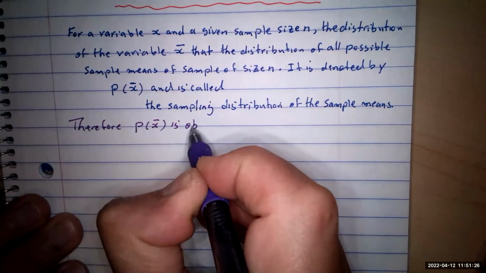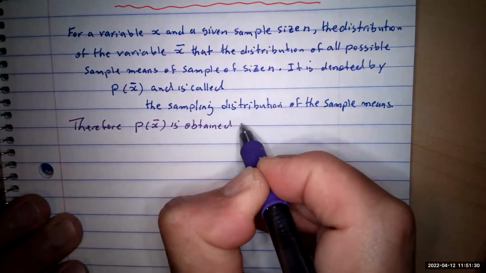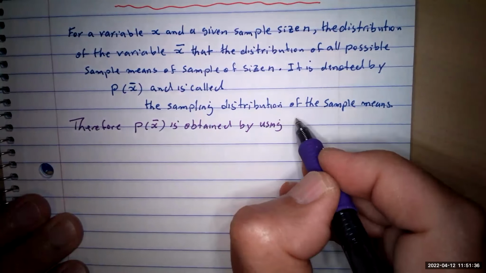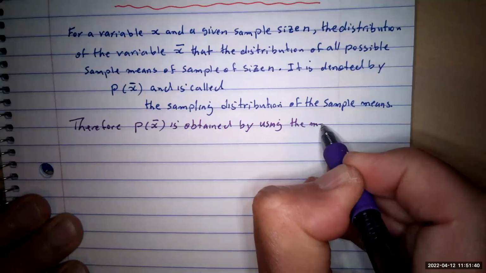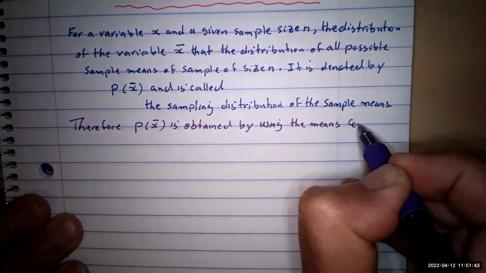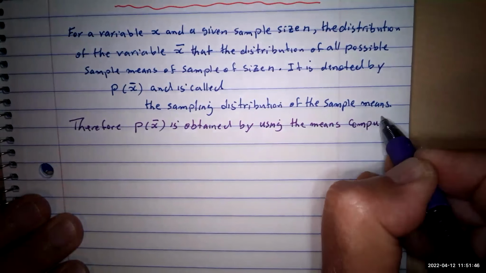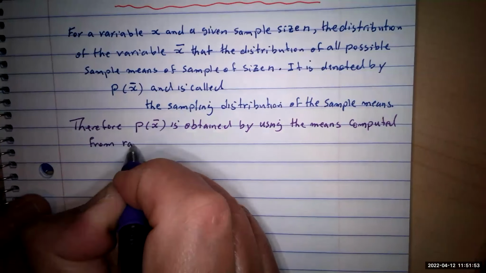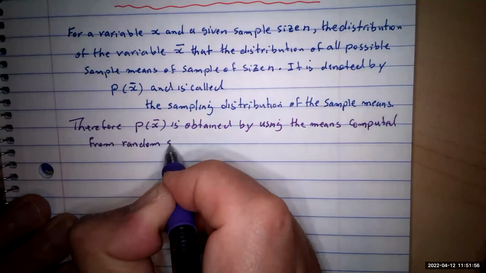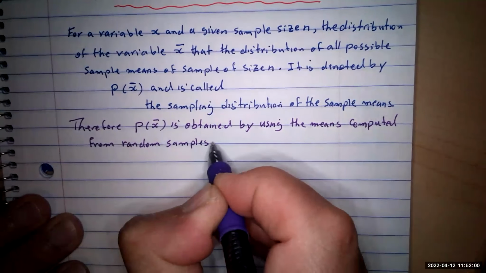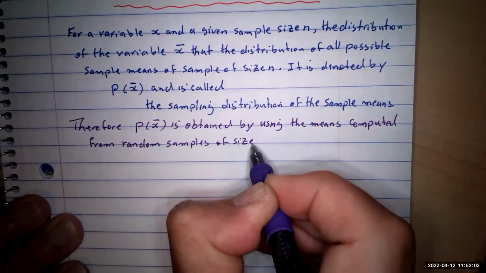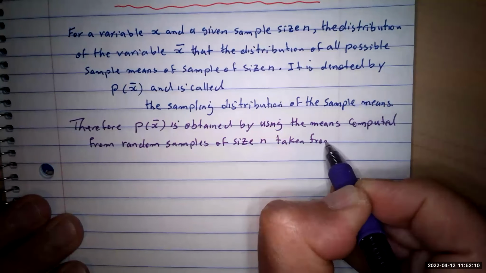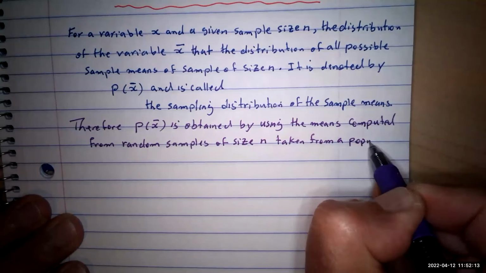It is obtained by using the means computed from random samples of size n, all the possible samples taken from a population, from the class.